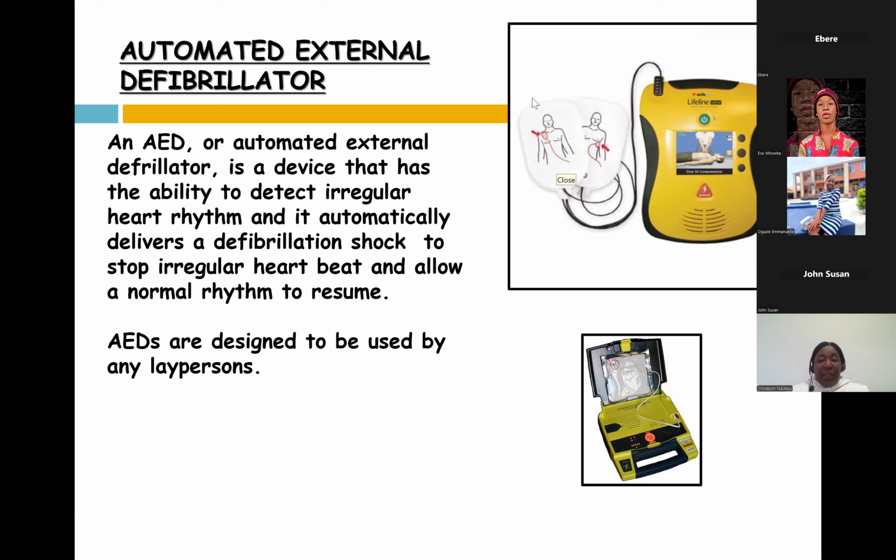Okay. So this is called Automated External Defibrillator. It is a device that has the ability to detect irregular heart rhythm, and it automatically delivers a defibrillation shock to stop irregular heartbeat and allow a normal rhythm to resume. They can be used by anybody. You don't need special training to start using it.